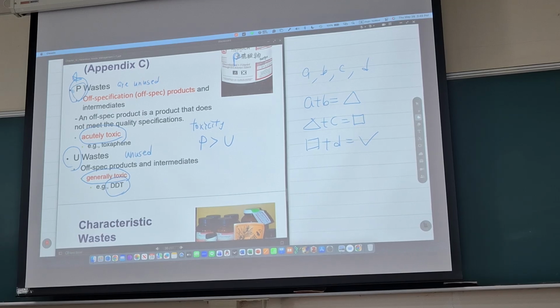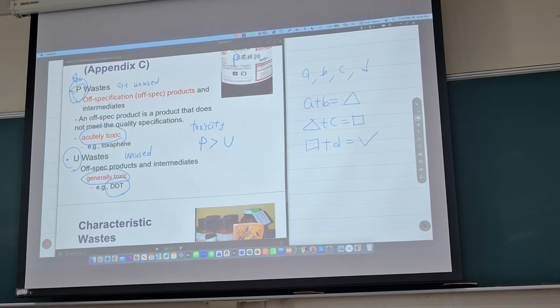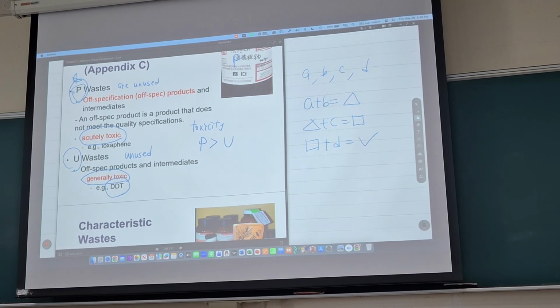So you must be careful of P waste. If you see a waste and it got a label saying P waste, then you must be very, very careful. Understand? Okay, all of us are chemical engineers. We might encounter this kind of waste one day.